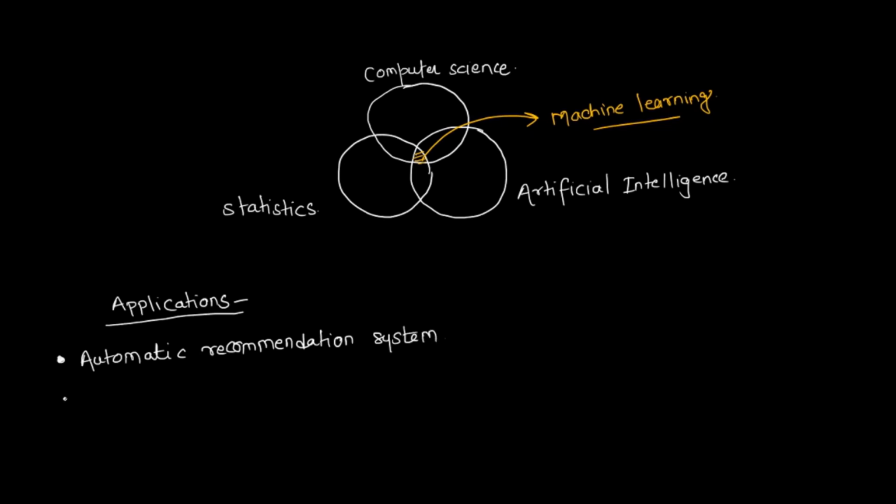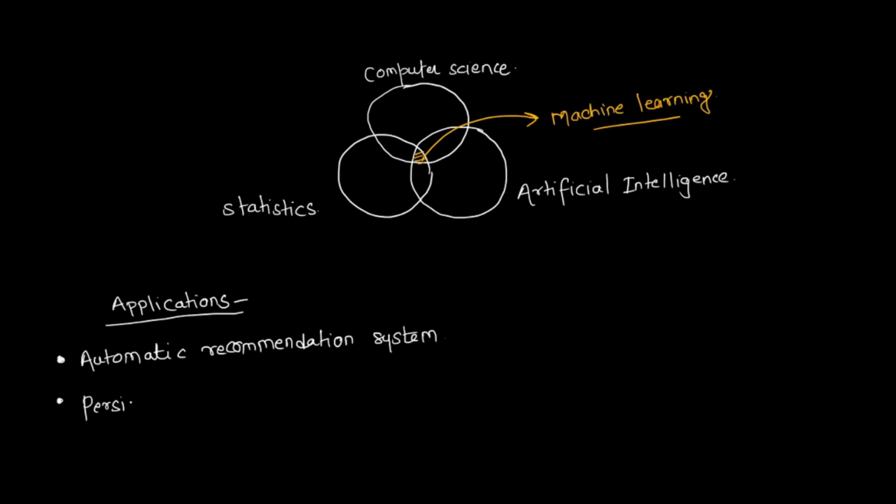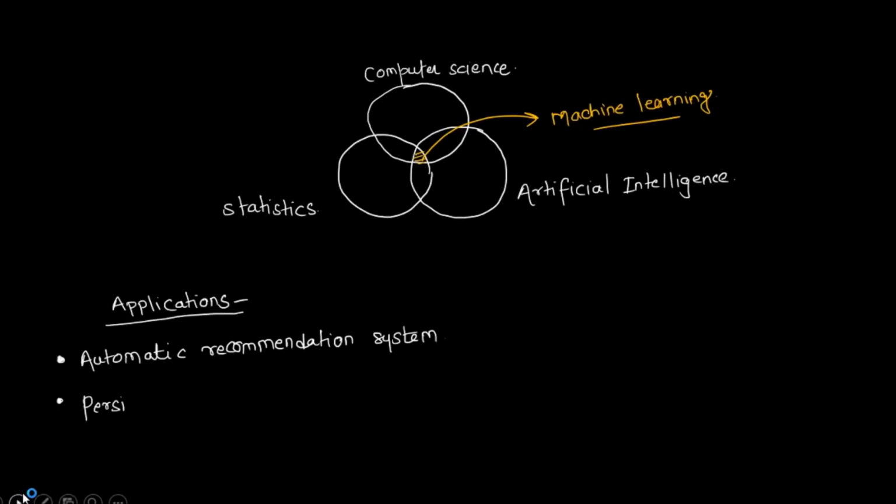Second one is personalized online radio. So in personalized online radio, based on customers' preference, or based on individual preference, you will get the content of the audio.